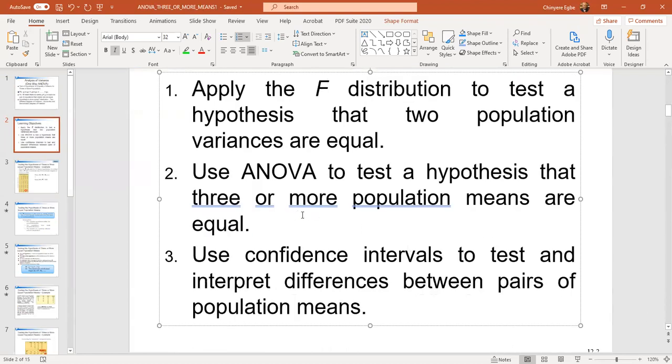Now, once you ask yourself the question, are the population means for three or more subpopulations equal, and you reach your conclusion by rejecting or not rejecting the null hypothesis, you also want to look at pairs of populations. For example, suppose you tested for the equality of means between Bed-Stuy, Crown Heights, East New York, and say Wicksville in Brooklyn.